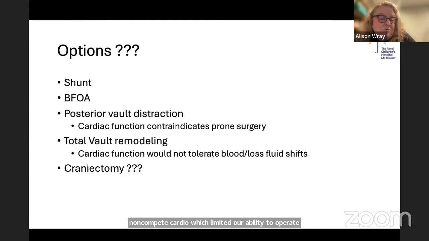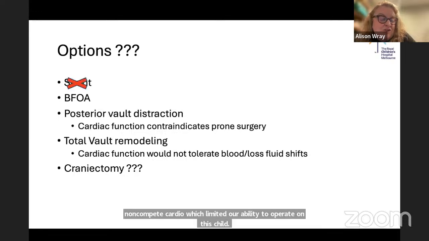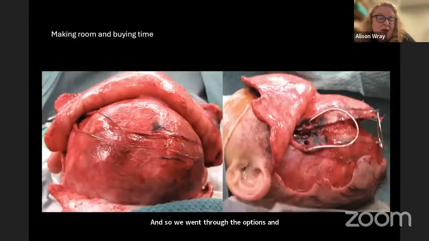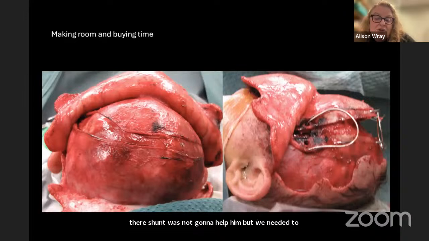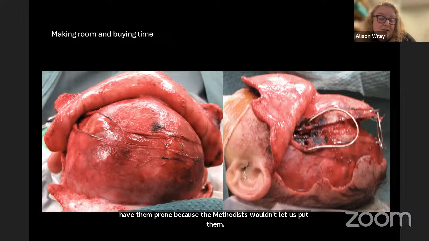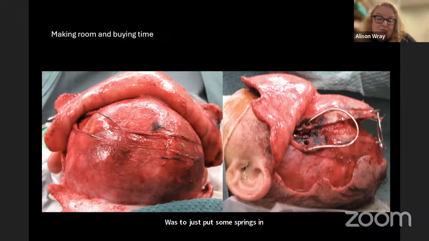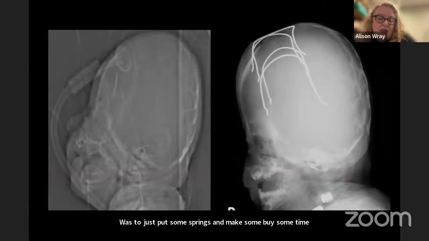We went through the options and decided that a shunt was not going to help him, but we needed to make room and buy time. That's where it's useful to have lots of different techniques. The most non-invasive technique that didn't have him prone, because the anaesthetist wouldn't let us put him prone, was to just put some springs in and buy some time. That was a very effective technique for this young boy.